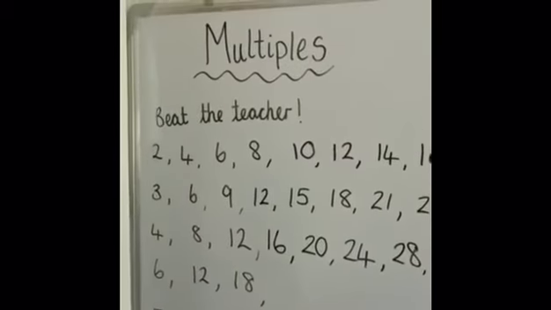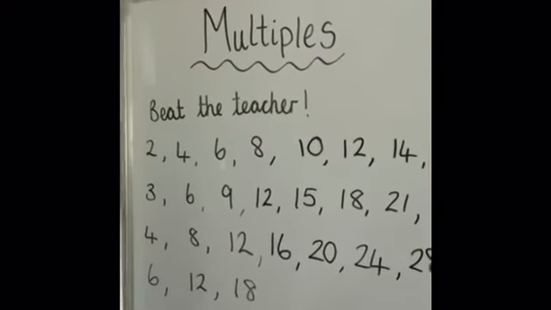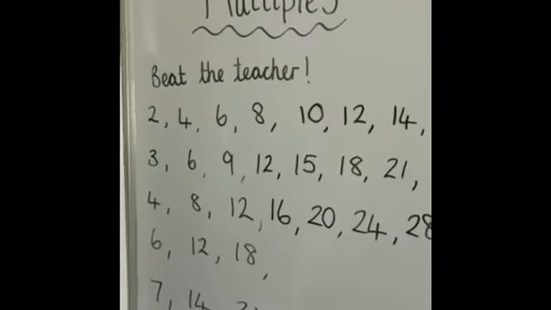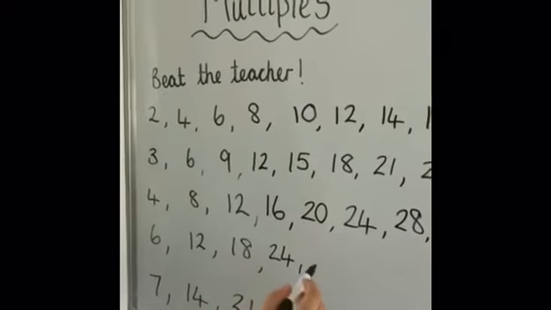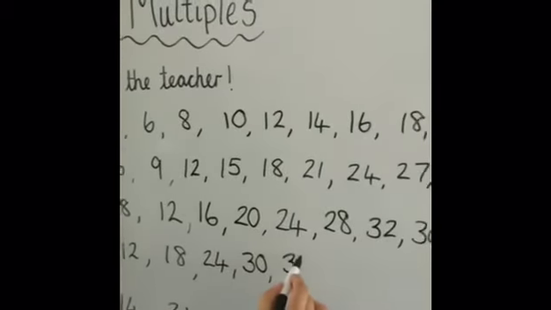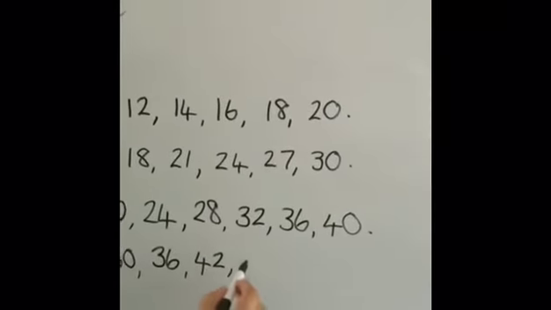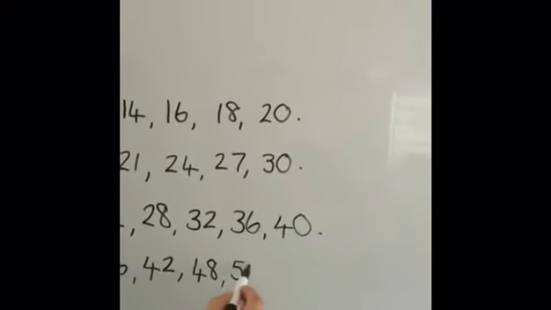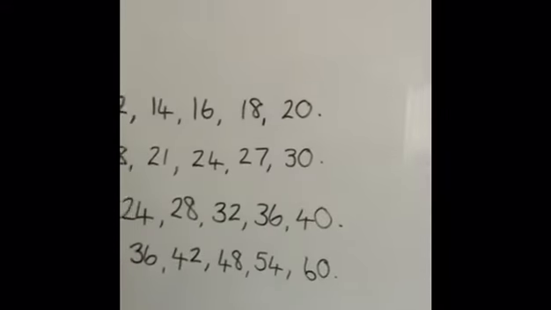Okay, it's getting a bit harder now. On to our 6s, our 6 times tables. The first 10 multiples of 6. Ready, set, go! And stop. Well done if you managed to beat me.